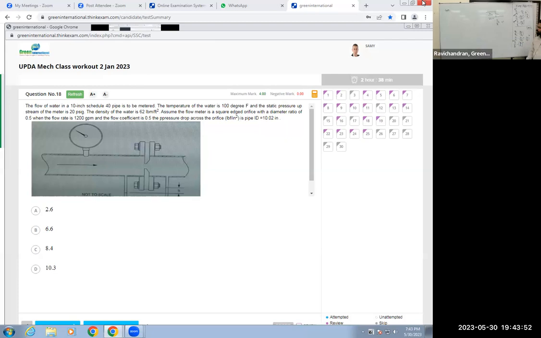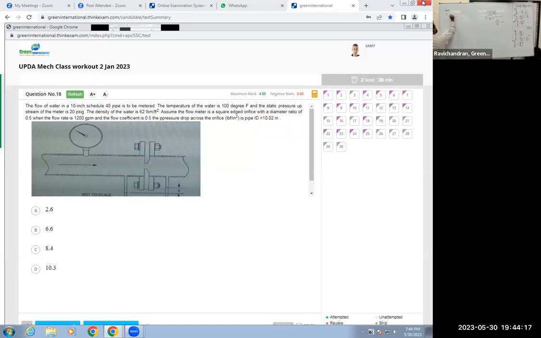So they are asking, there is a pressure here, let's say P1. There is a pressure drop here, delta P. So how much is that pressure? So first we'll write down what is given.